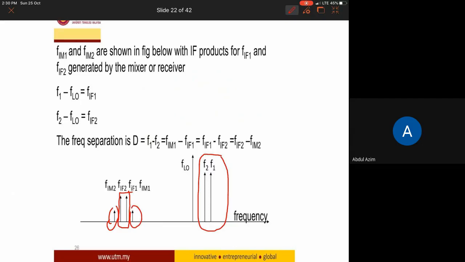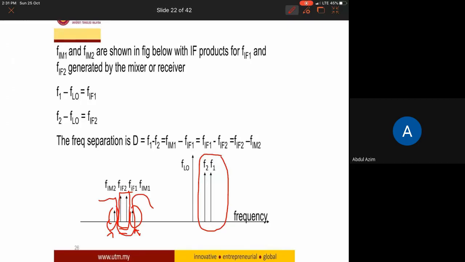It falls near to the required or wanted frequency. We only want this frequency, but the image frequency appears just nearby, with the amplitude also normally quite high compared to the signal that we want. So here it's actually difficult to filter out.